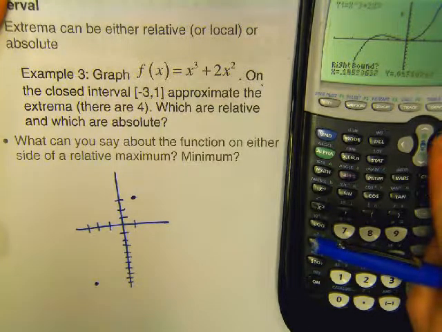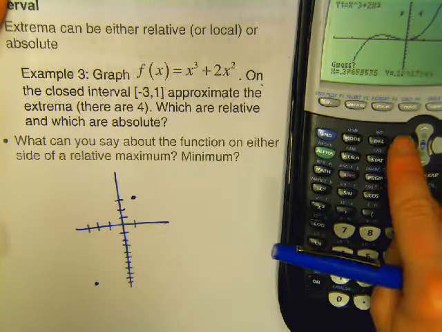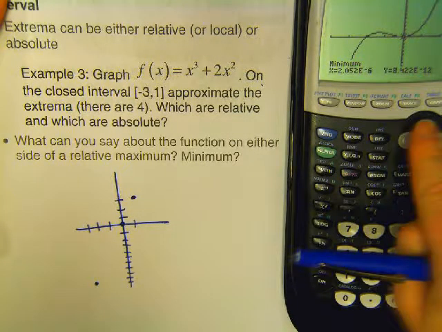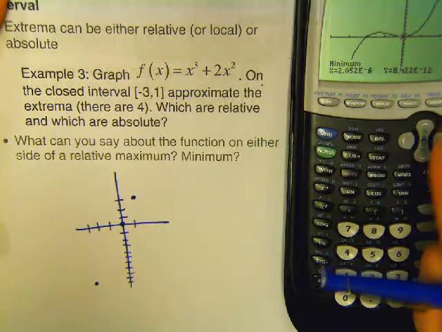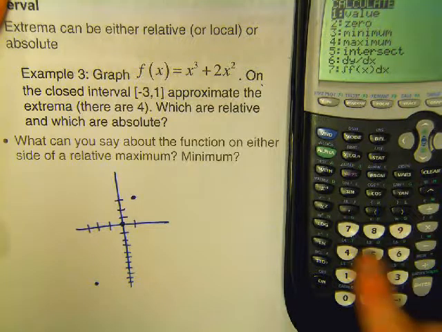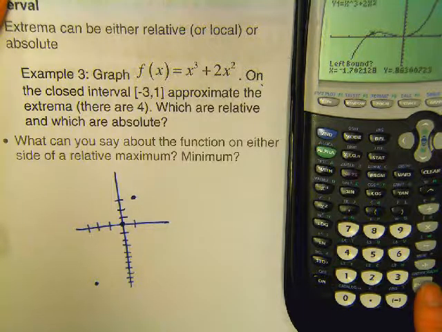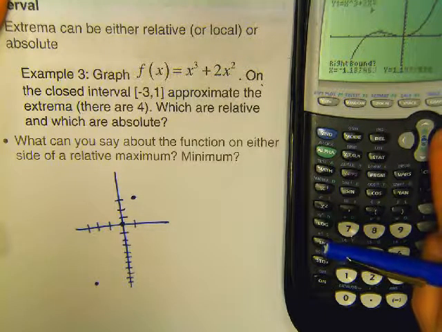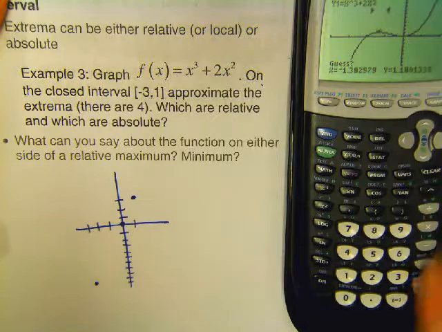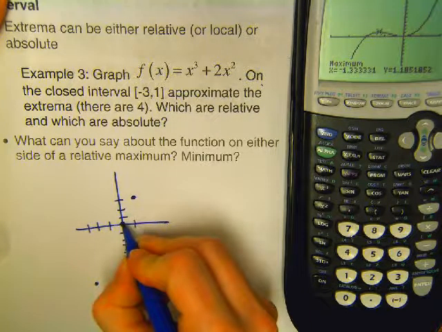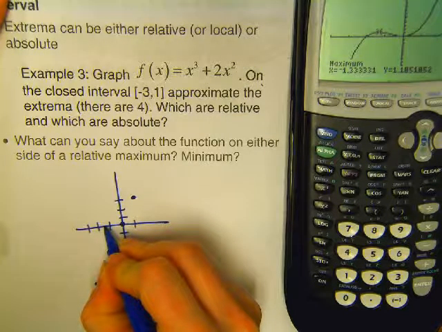And let's find this maximum right here. Is negative 1 1/3, about 1.18. Okay, so something like this would be my sketch.